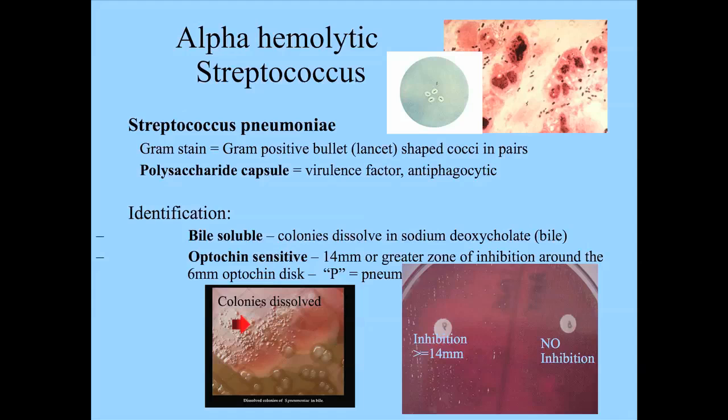If there's no zone of inhibition, you have an alpha hemolytic strep. If you have a zone of inhibition greater than or equal to 14 millimeters, that is, by definition, a Streptococcus pneumoniae. So that leaves us with the biochemical reactions that strep pneumo is bile soluble and sensitive to optochin.